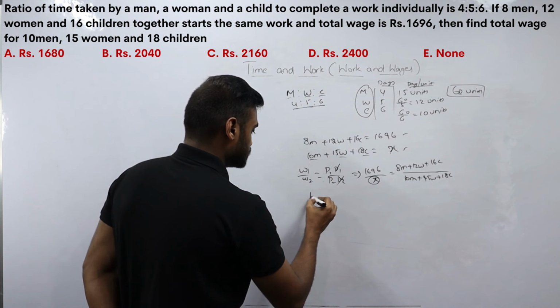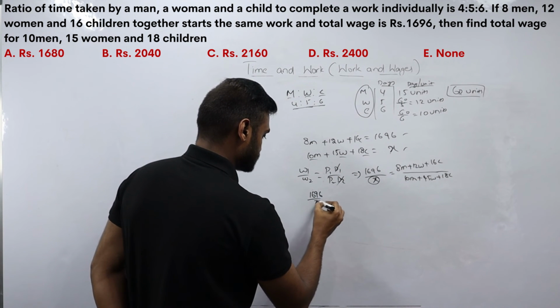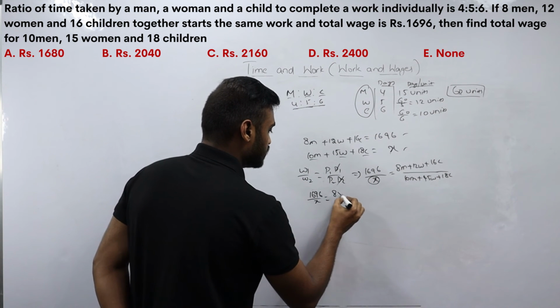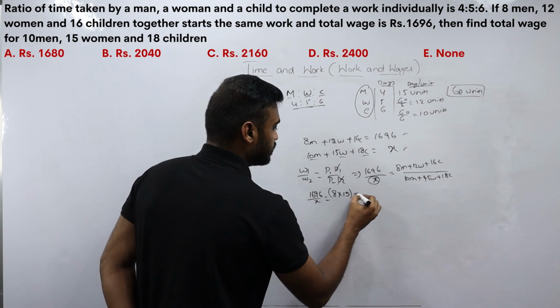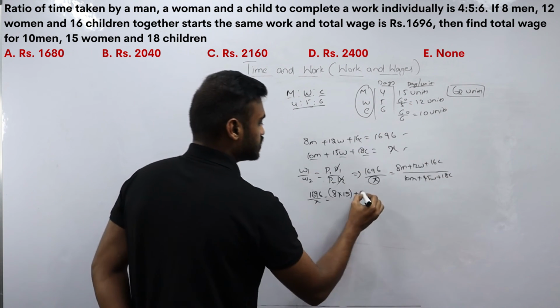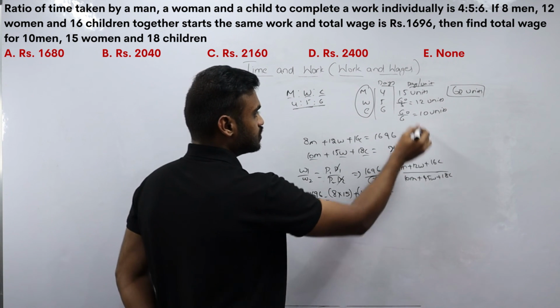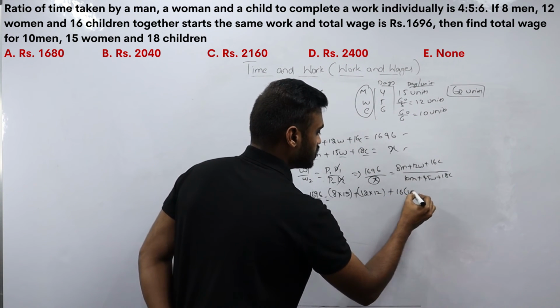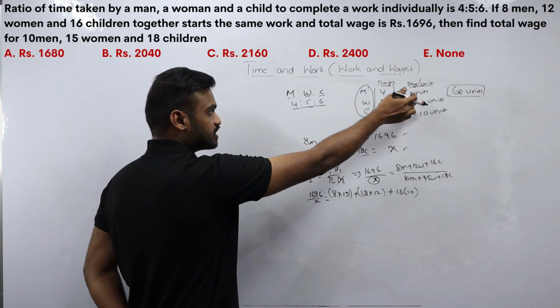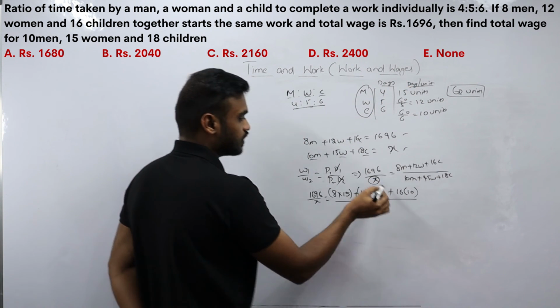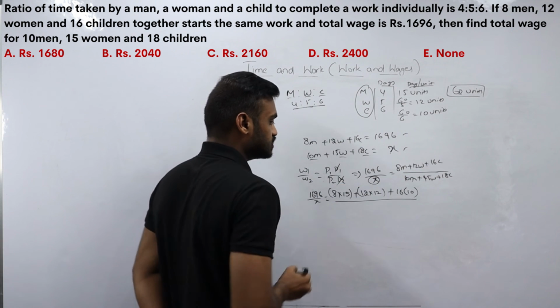So 1696 by X equals 8 into 15 for men, plus 12 into 12 for women, plus 16 into 10 for children, over 10 into 15 plus 15 into 12 plus 18 into 10.